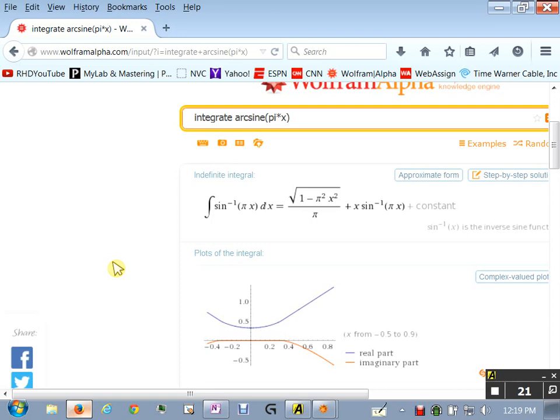And that's pretty dangerous. Even back when Wolfram Alpha wasn't there, I took a course as an undergrad called numerical analysis, and it's a math course.